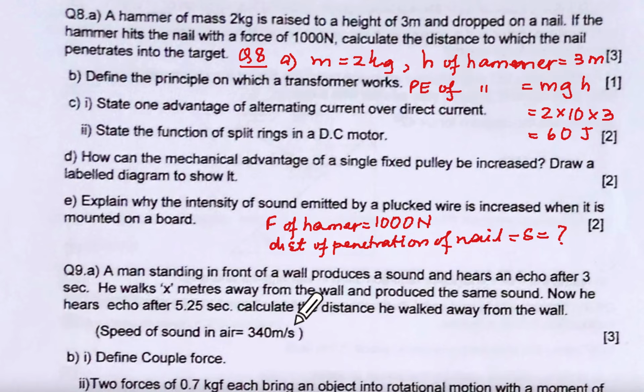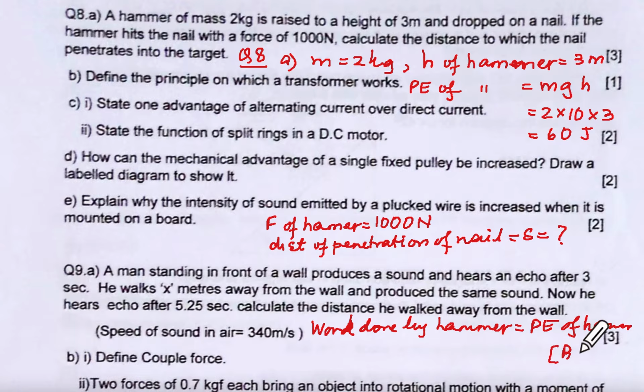Now remember that the work done by hammer, Fs, will be equal to the potential energy of hammer. Understanding? Right over there, by law of conservation of energy. So work done is going to be F into S is equal to mgh.